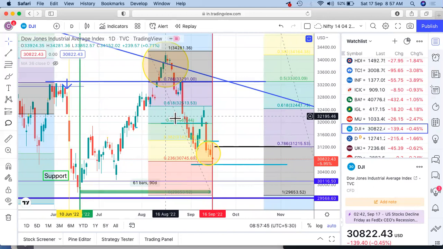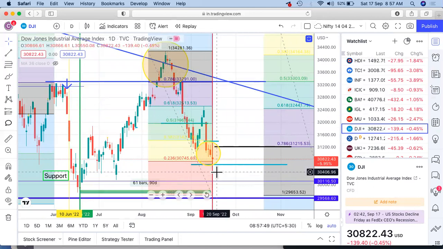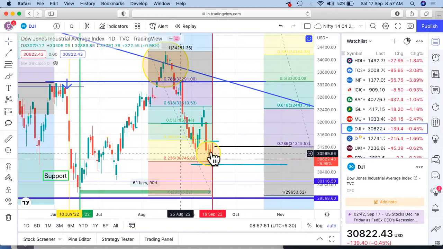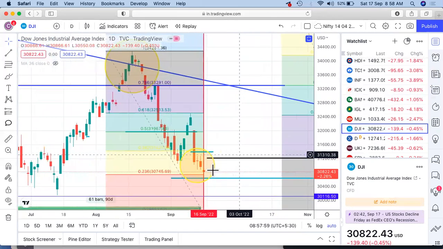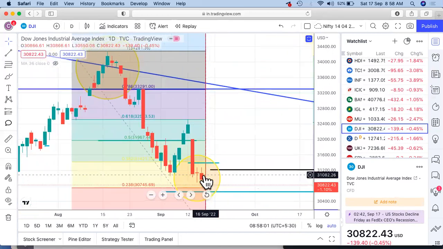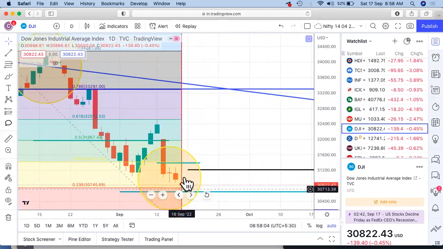So from 16th of August to almost 16th of September, it's been a month that Dow Jones has been in the downtrend and taking good support as of date. We need to have confirmations on the smaller time frame, which we haven't got. So this is just a signal, not a confirmation for trading in the market, unless we see some reactions in the market, right?